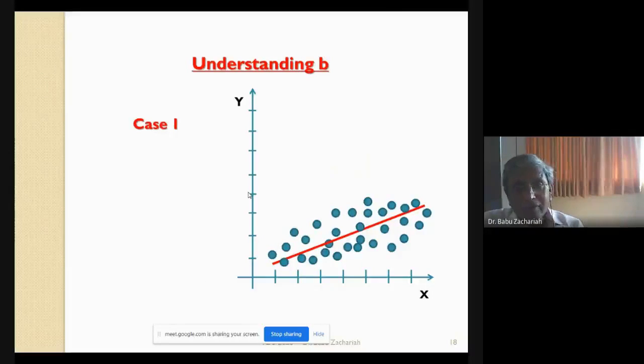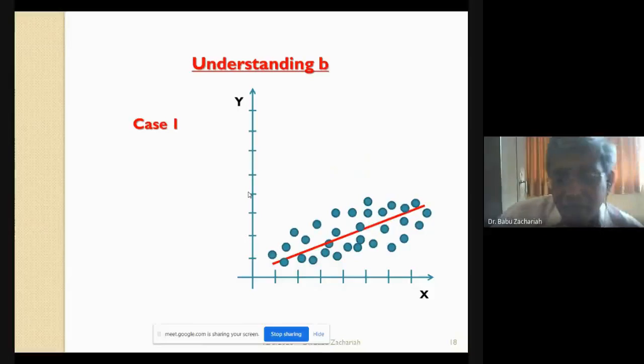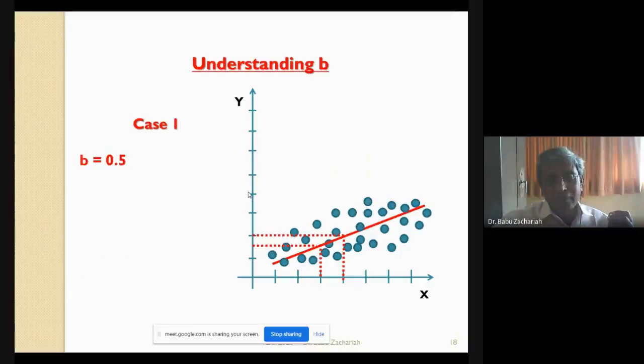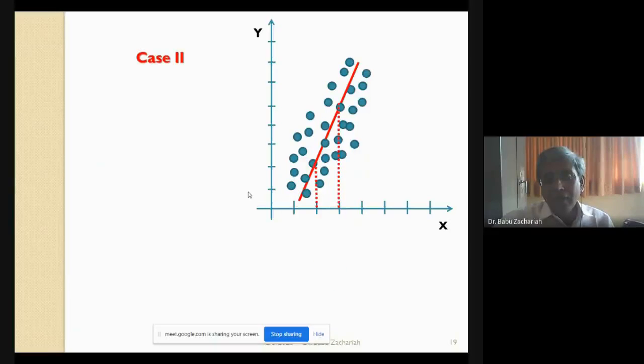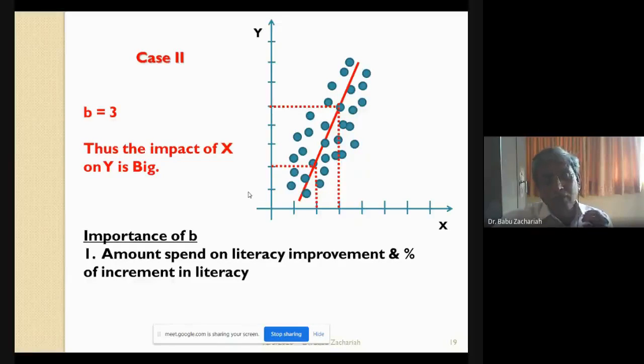calculate. To understand B, again, say here 1 unit of change results in half unit change, and the impact of x on y is small. And here 1 unit of change impacts 3 units of change. So the impact of x on y is big.